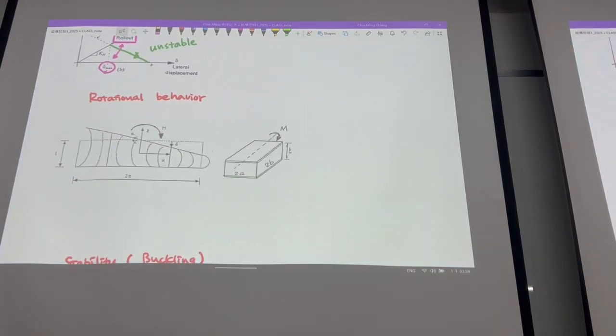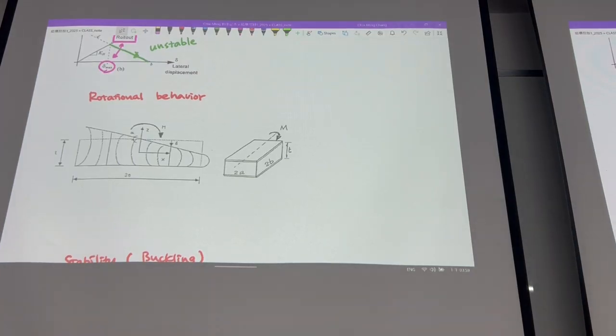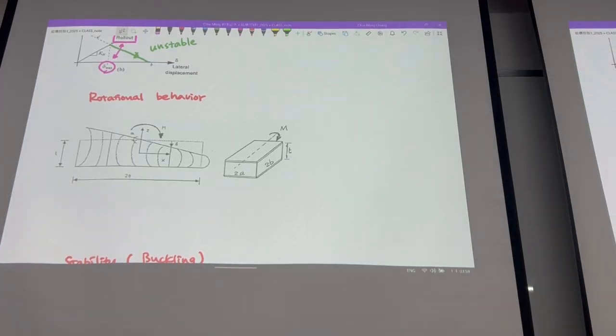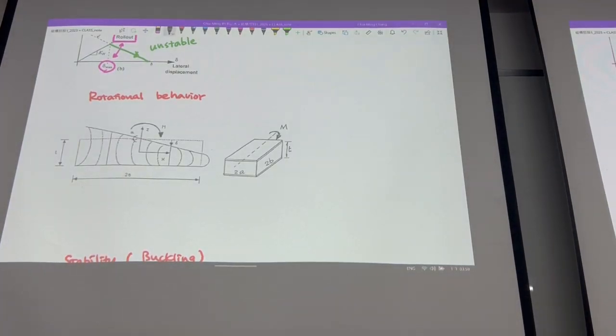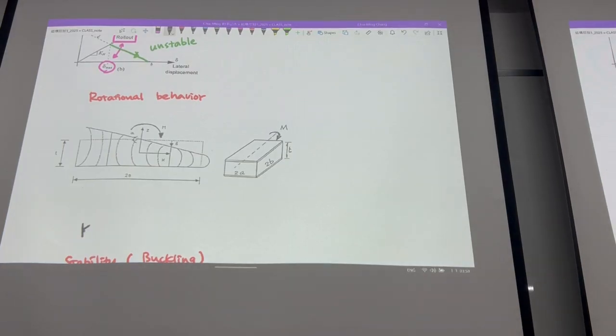Or rotational behavior. When you have the moment applied to a single bearing, you will, for example, induce a KR, the rotational stiffness.